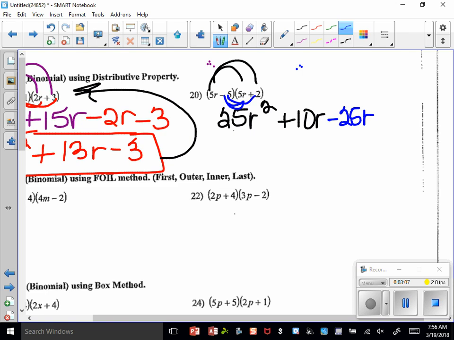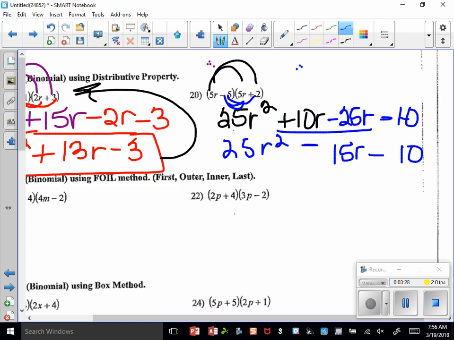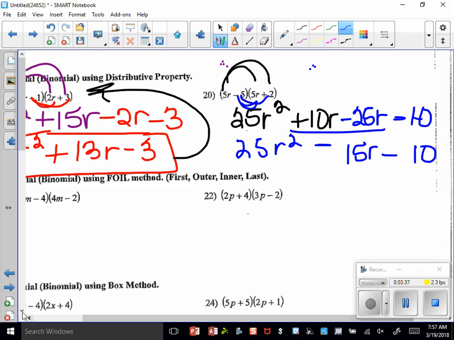And negative 5 times 2 will give me negative 10. Combine your middle terms together because those are your like terms. So I'll have 25r squared minus 15r minus 10. All right, any questions on that? And again, like I said, it's really not new. You're just distributing 2 terms versus 1.